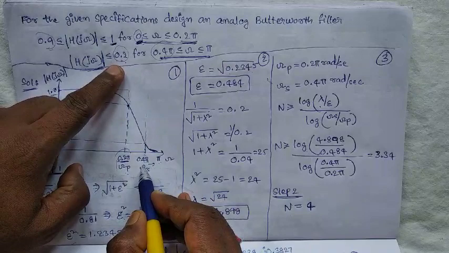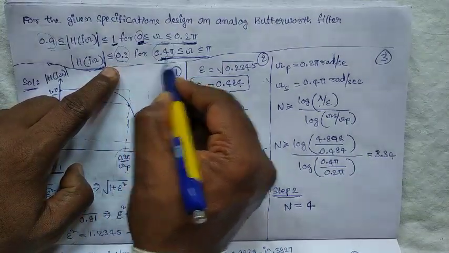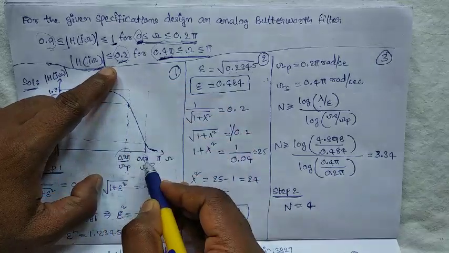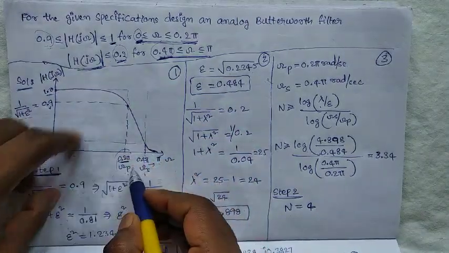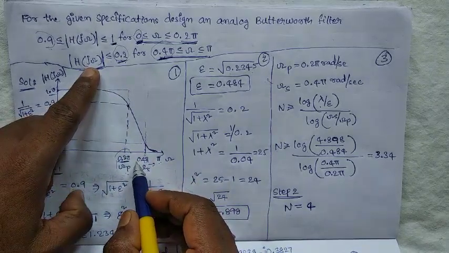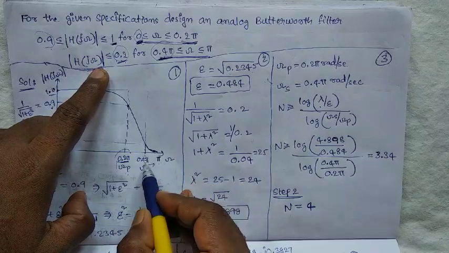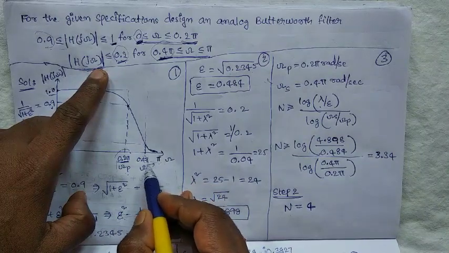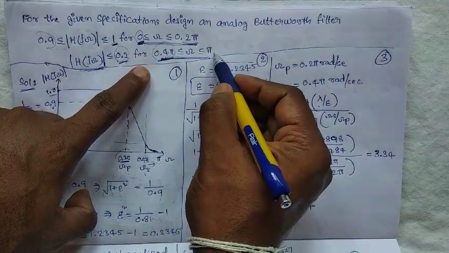At 0.4 pi frequency, the magnitude is 0.2, and H of j omega decreases monotonically with the increase of frequency to pi.